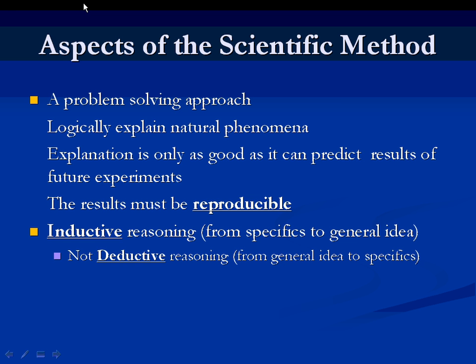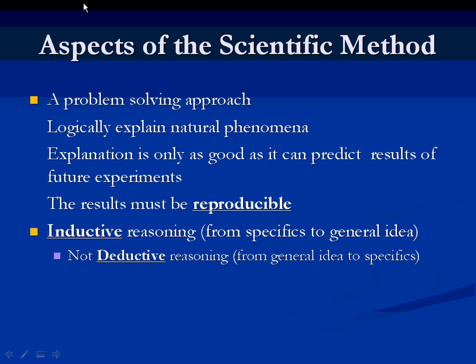And from that, you'd come up with the statement, parents love their children. So there are different methods of reasoning. Inductive reasoning starts with experiments, with facts, with observations, and comes up with a theory, a big idea. Deductive reasoning starts with the big idea and comes up with, okay, this is why I think things are the way they are. So science is at its basis inductive. Scientists never have the theory first. They do the experiments first, and then they come up with the theory later.